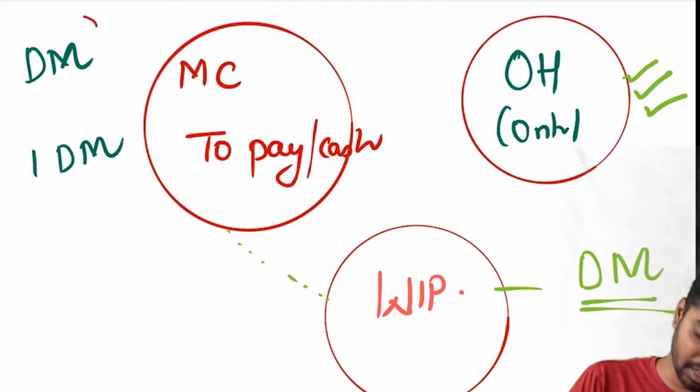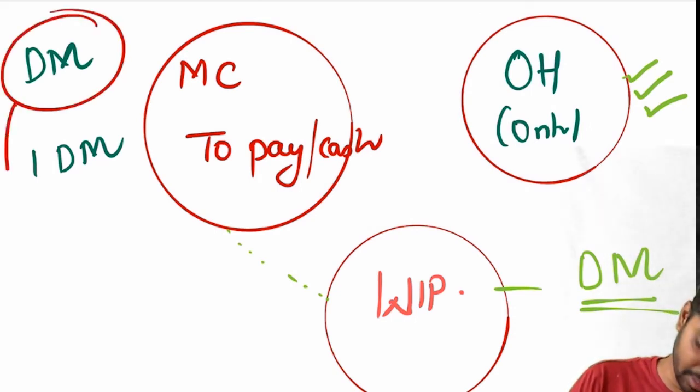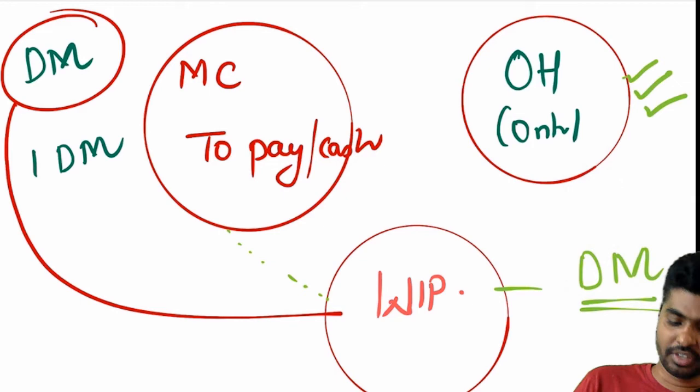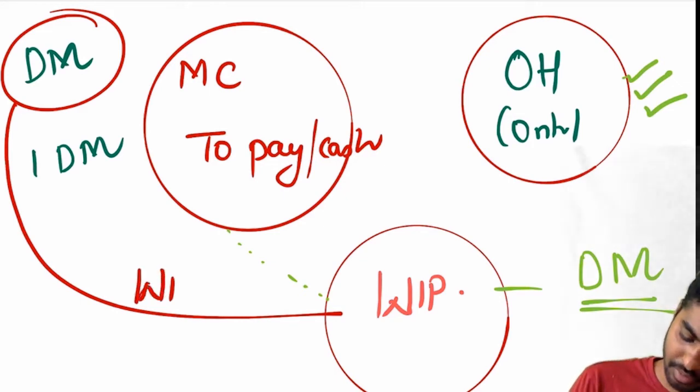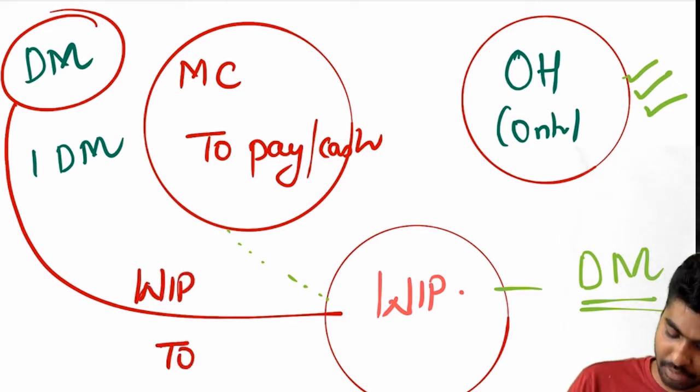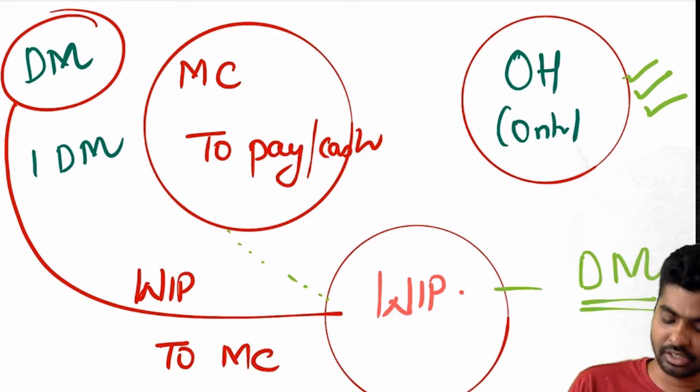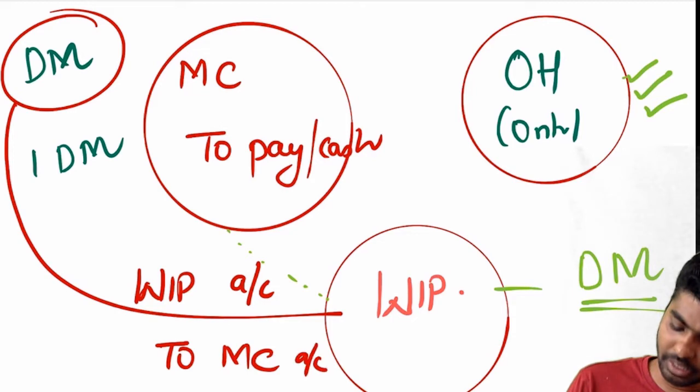So when I'm transferring direct material from here to here, the receiving department is WIP, and the giving department is material control. So it will be WIP control account debit to material control.